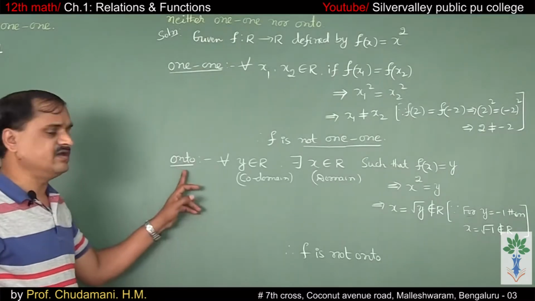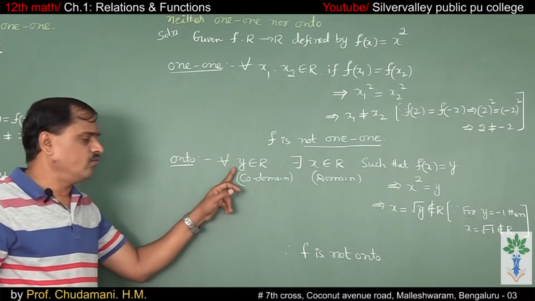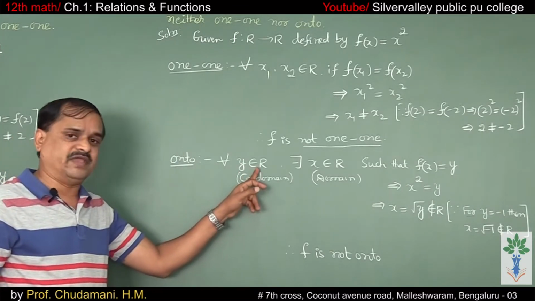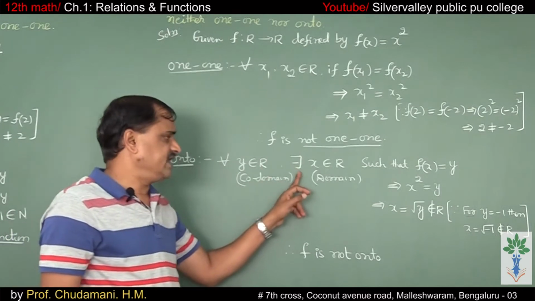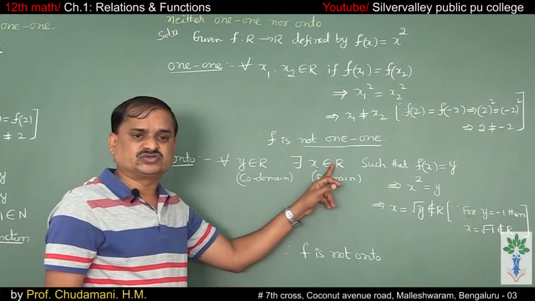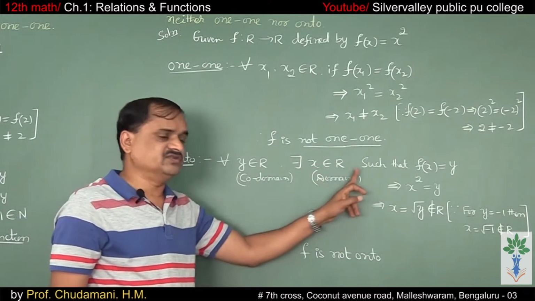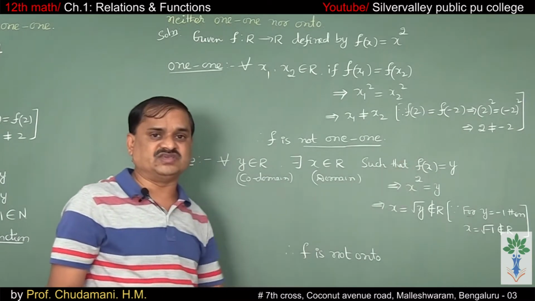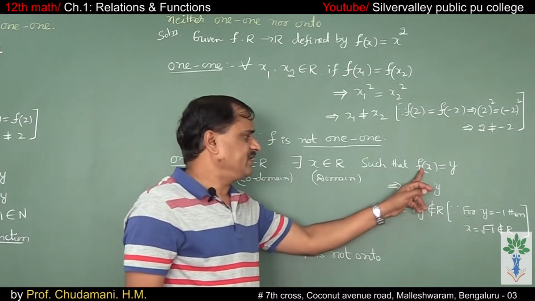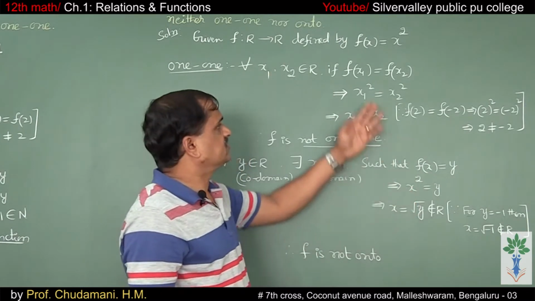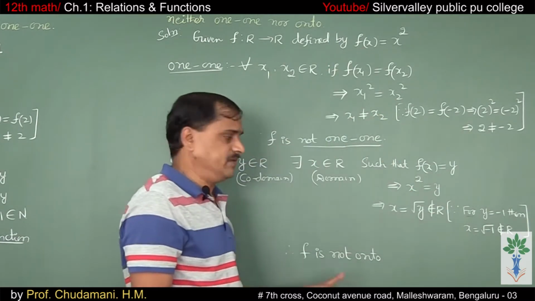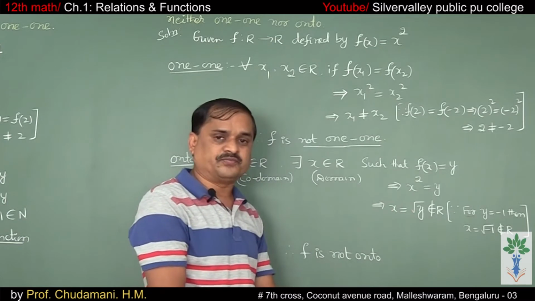Let us verify onto. For all y belongs to the codomain, a real number, then there exists x belongs to a real number, which is the domain, such that f of x is equal to y. f of x is nothing but x square, they have given, is equal to y. x equals root of y.